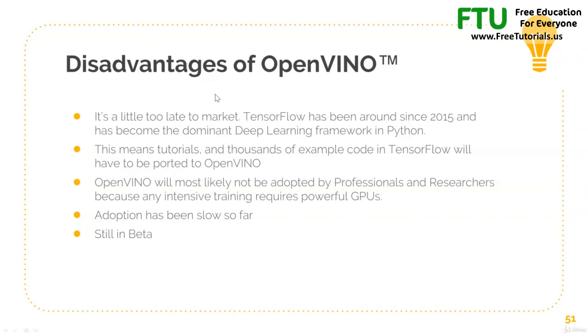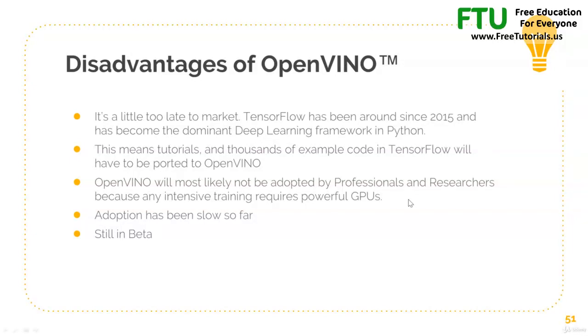But what that means though is that OpenVINO is very late to market, and it isn't super useful, mainly because a lot of professionals and researchers will always use GPUs or even TPUs, which are tensor processing units, because those are super powerful and super fast.